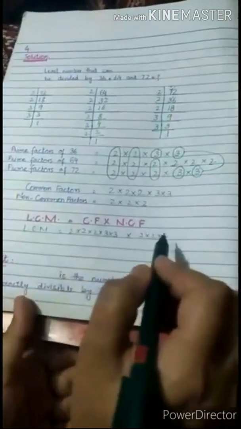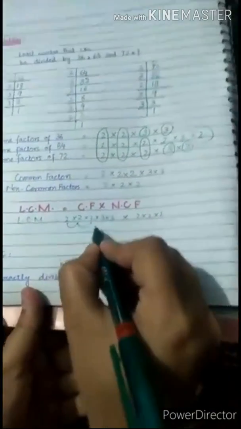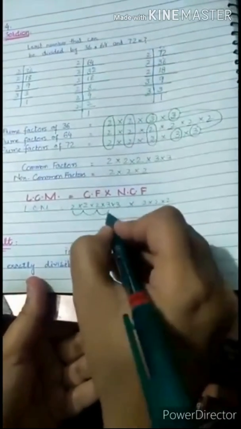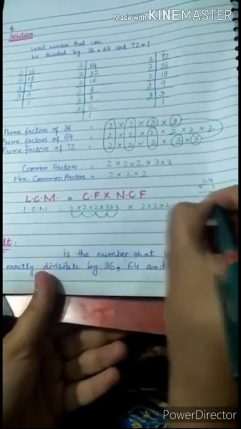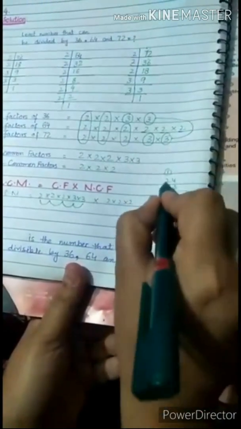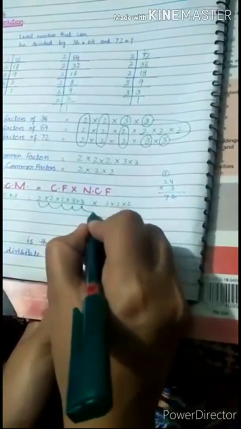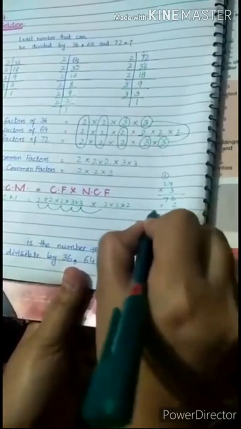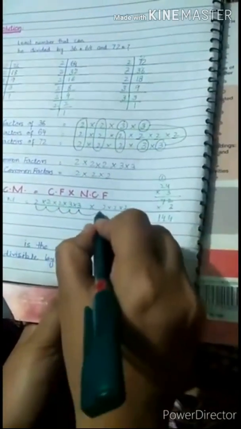Okay, now we will multiply all of these. 2 2s are 4, 4 2s are 8, 8 3s are 24, 24 3s are 72.